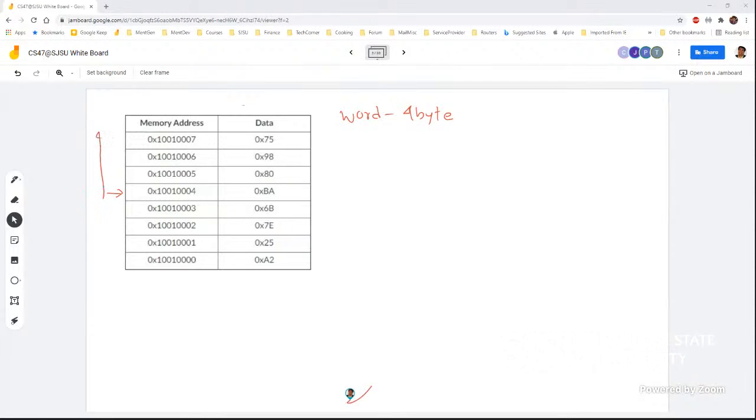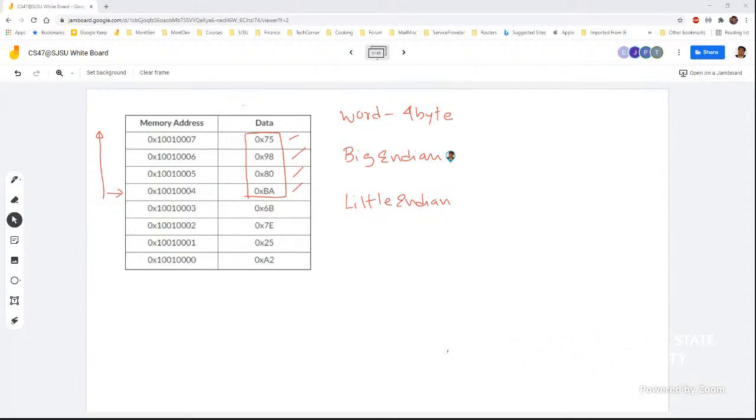So all these 4 pieces of information will be read, right? Byte 1, byte 2, byte 3, byte 4. Now the question is how we arrange these numbers into a value representation if it is a big endian system and if it is a little endian system.